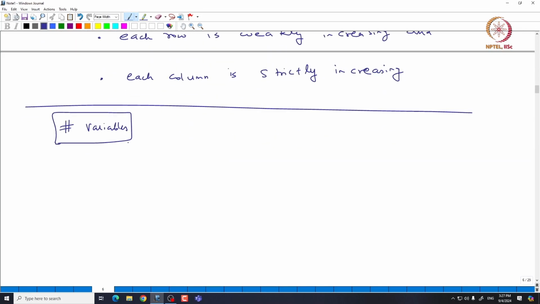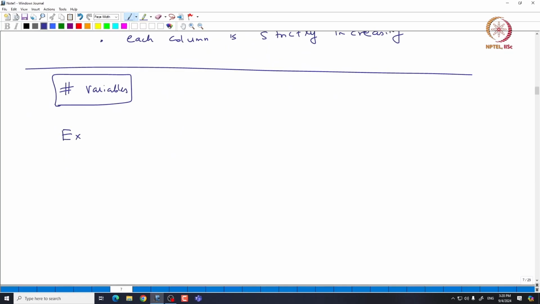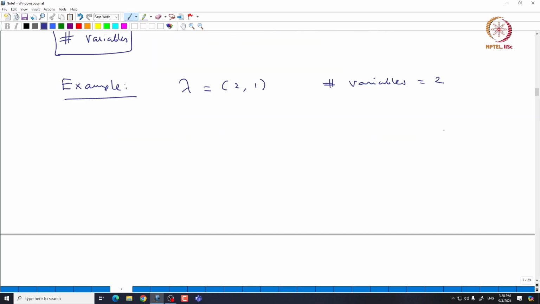So, let us take the following example. If we take lambda being just 2 comma 1, then the number of variables is going to be exactly 2. Now we take this Young diagram given by 2, 1, and we start filling it using entries coming from 1 comma 2.